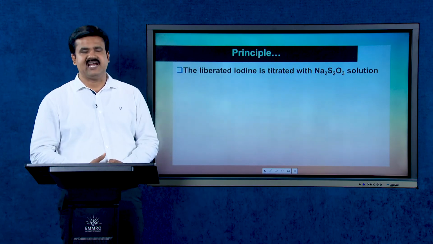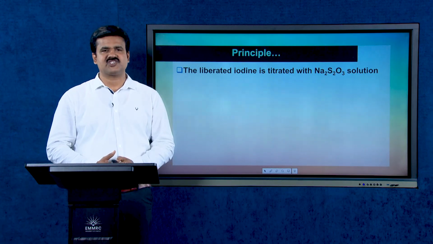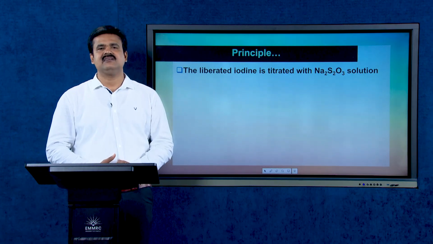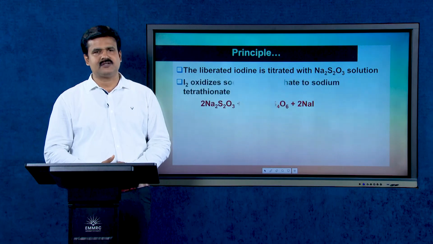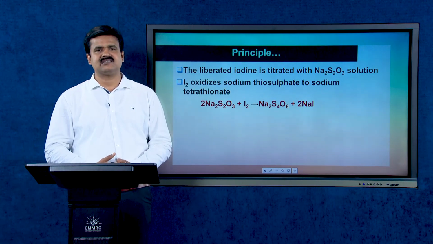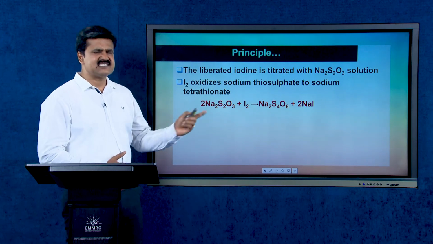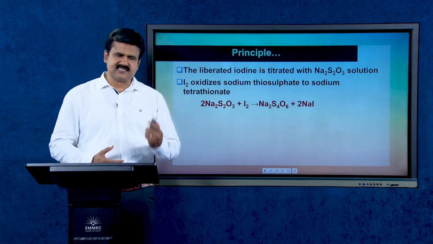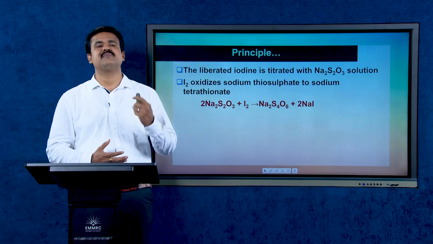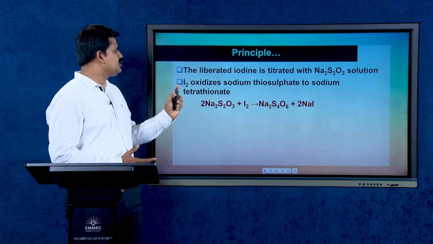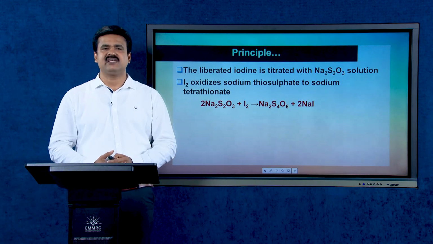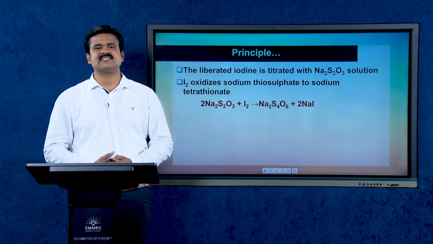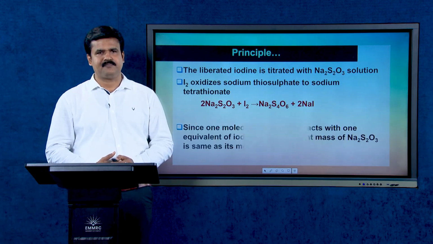The liberated iodine in the above reaction is titrated with Na2S2O3 solution. Iodine oxidizes sodium thiosulfate to sodium tetrathionate. This is the reaction showing the oxidation of sodium thiosulfate to sodium tetrathionate. That is, 2 Na2S2O3 plus iodine gives Na2S4O6 plus sodium iodide.